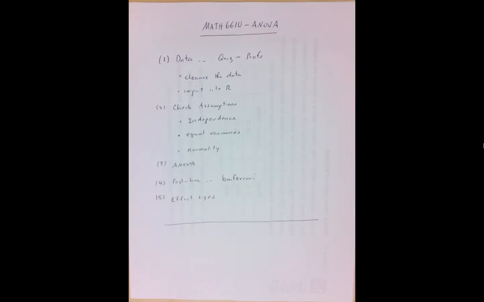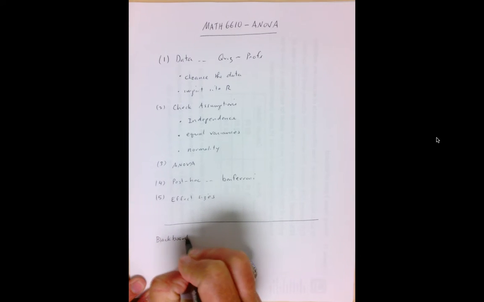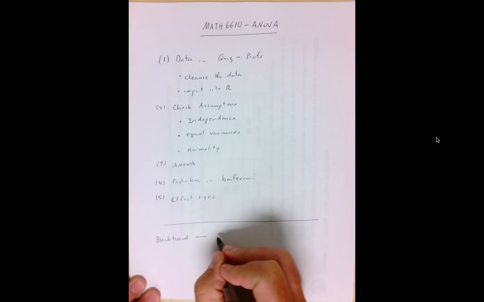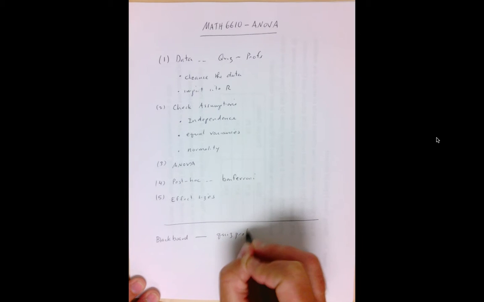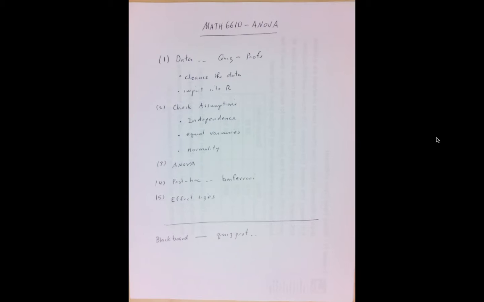The first thing I want you to do is go to Blackboard, and you're going to find a data set. I think I called the data set quiz prof, or something like that.